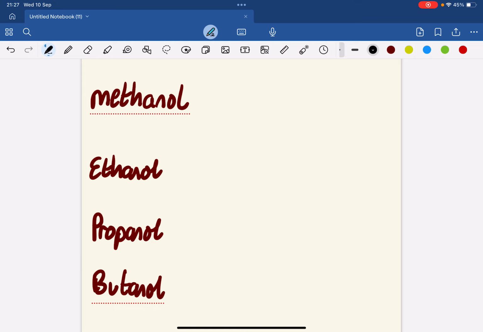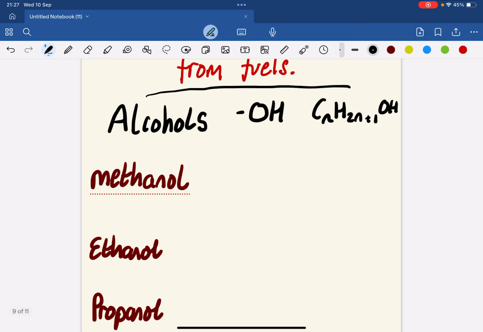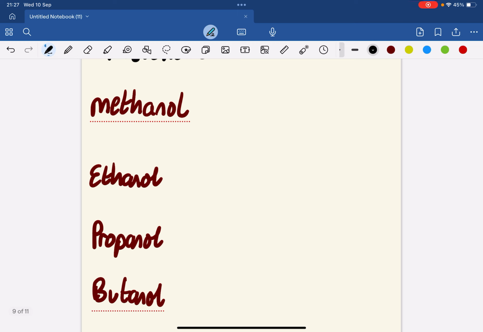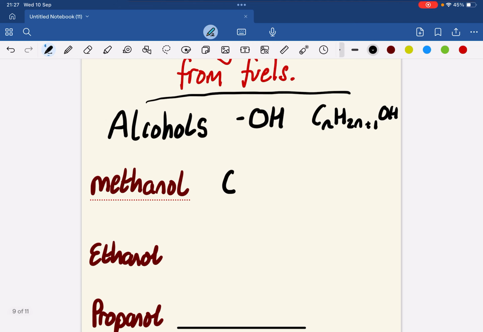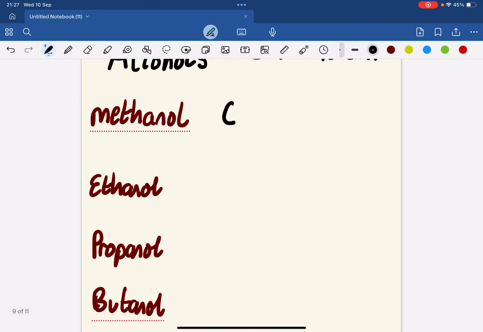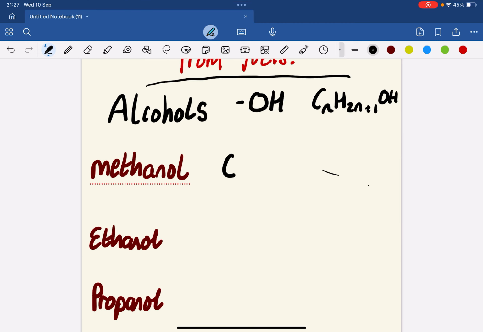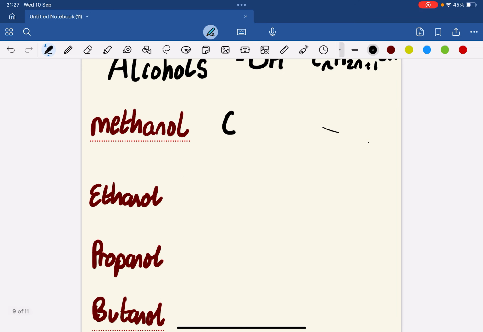And once you've done that, you should come out with something a little bit like this. So methanol there, if we remember, we're using this formula here of CnH2n+1. Methanol has 1 carbon. Because it's got 1 carbon, we need to double that, 1 plus 1, so 2 times 1 plus 1 is 3.